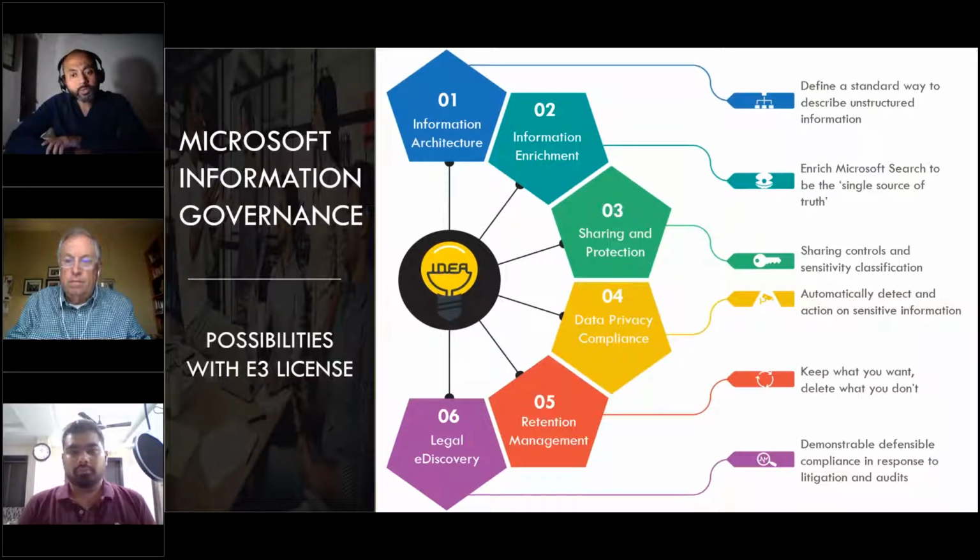So I want to start with information architecture. It really ensures that you have a standard approach to structure your information. What I mean by that is how your collaborative spaces, meaning SharePoint site collections, Teams collections, and other collaborative spaces, are created, provisioned, and configured to maximize teamwork, and how people use those structures to create, use, and share information.